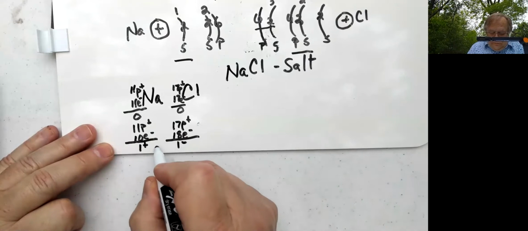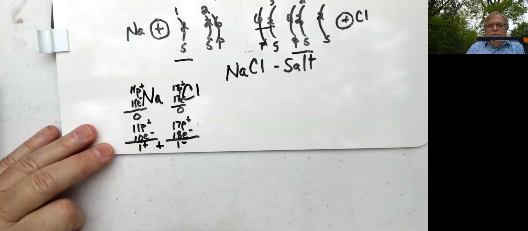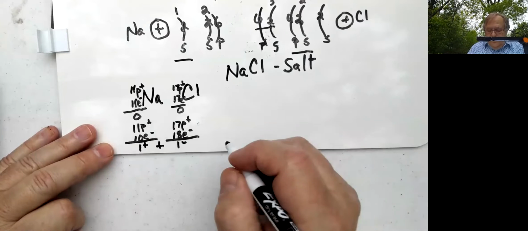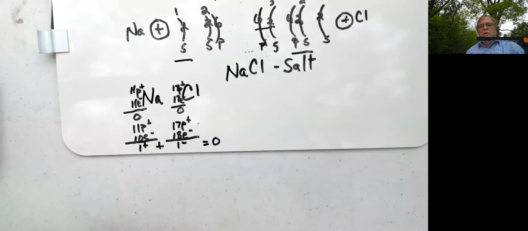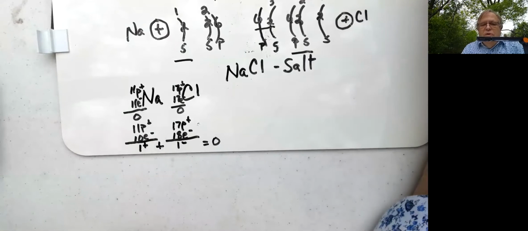So if we took those two charges now and added those together, they would give us 0, which is what we have to get every time we have a chemical change.